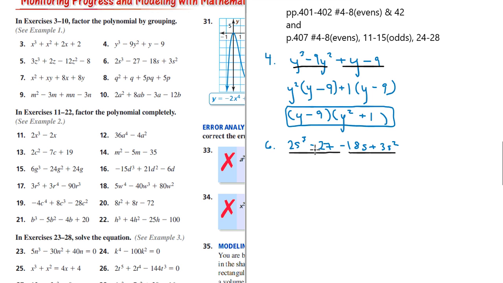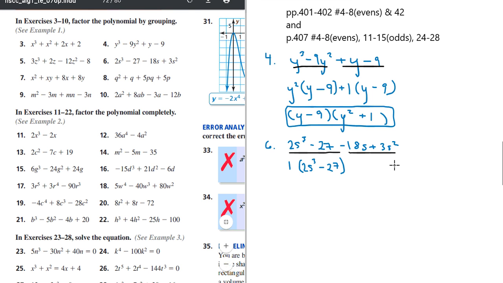So between the first two terms here, there is no greatest common factor other than taking out a 1. So I'm going to take out 1 and say what times 1 gives me this? Well, the same thing, 2s cubed minus 27. Between the last two terms, the greatest common factor would be a 3, so I can put plus 3.